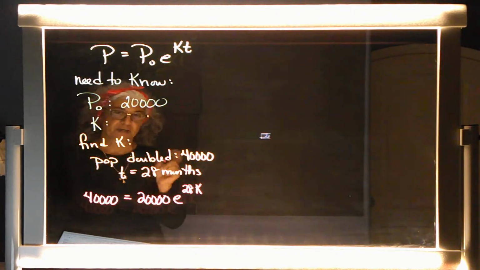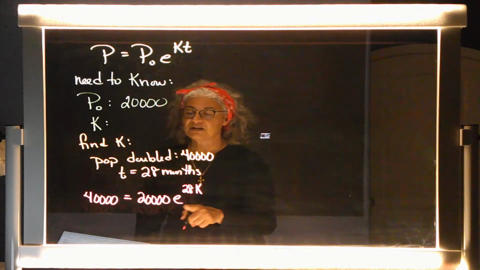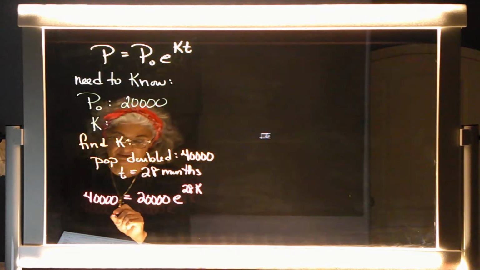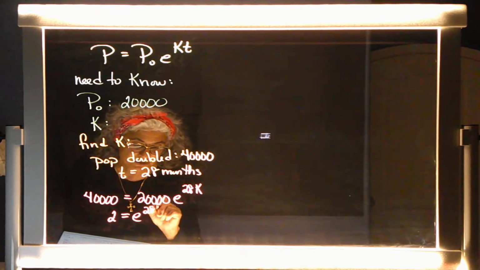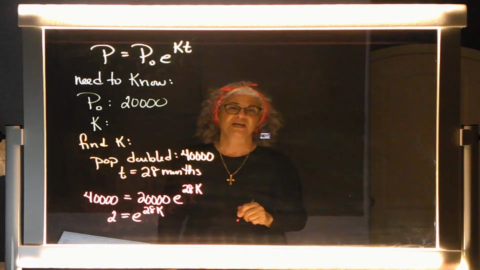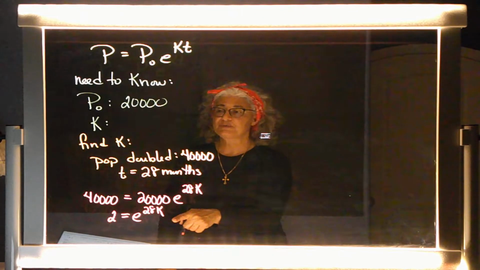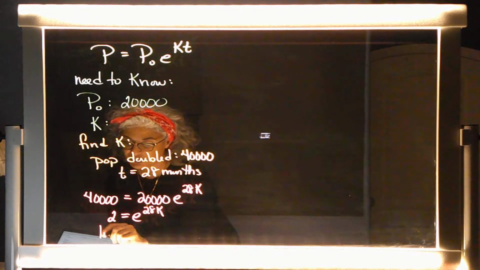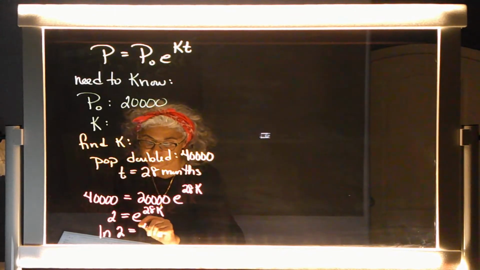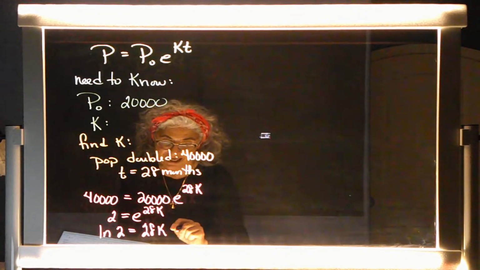Cool? Okay, so start solving. Divide both sides by 20,000, which gives me 2 equals E to the 28K. You have to get rid of that E, which means you have to take the natural log. So I have the natural log of 2 equaling 28K.